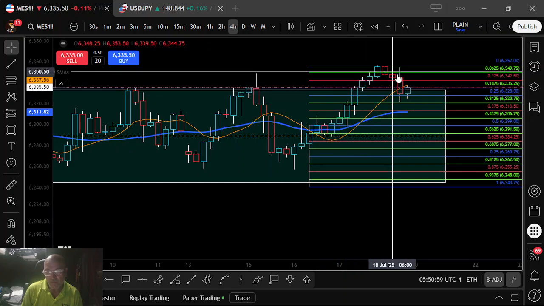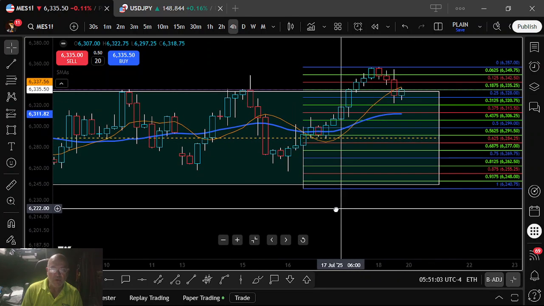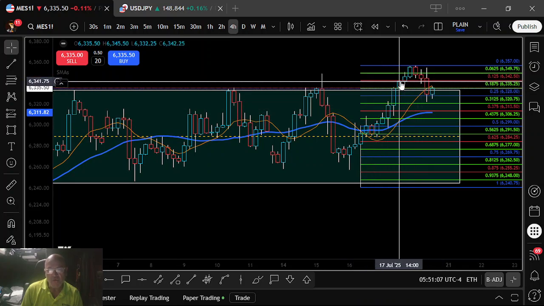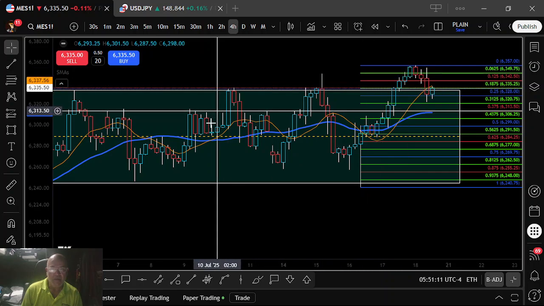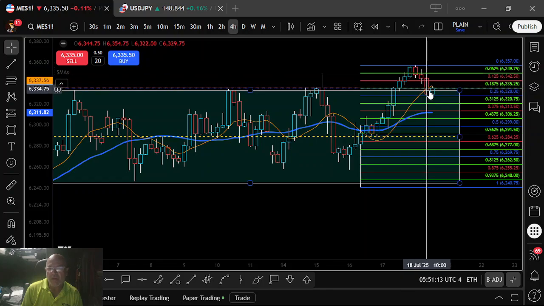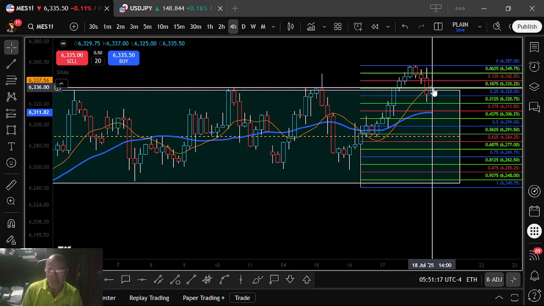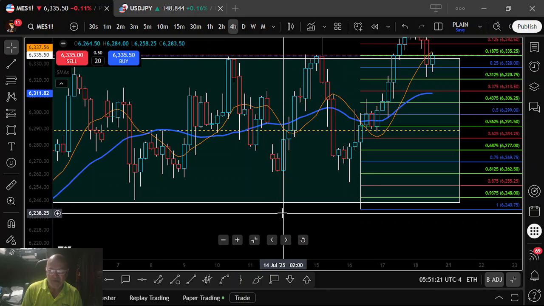Now, what we've got here is a little bit more important. We actually closed well outside of range. Right. And then we came back down, but on Friday, we still closed outside of range.